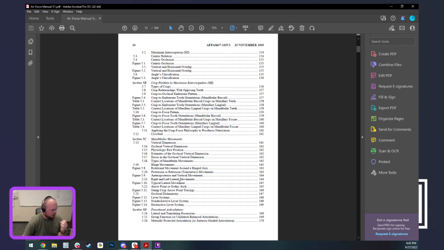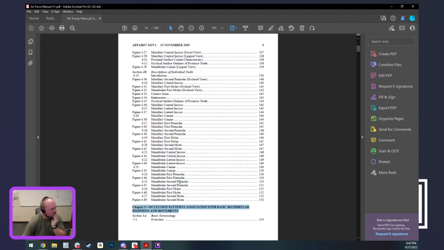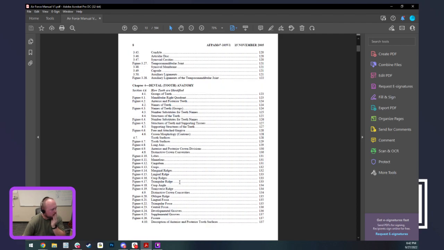Group function and malocclusion. A little bit while I rub my beard in concentration. It's probably annoying to those listening at home.